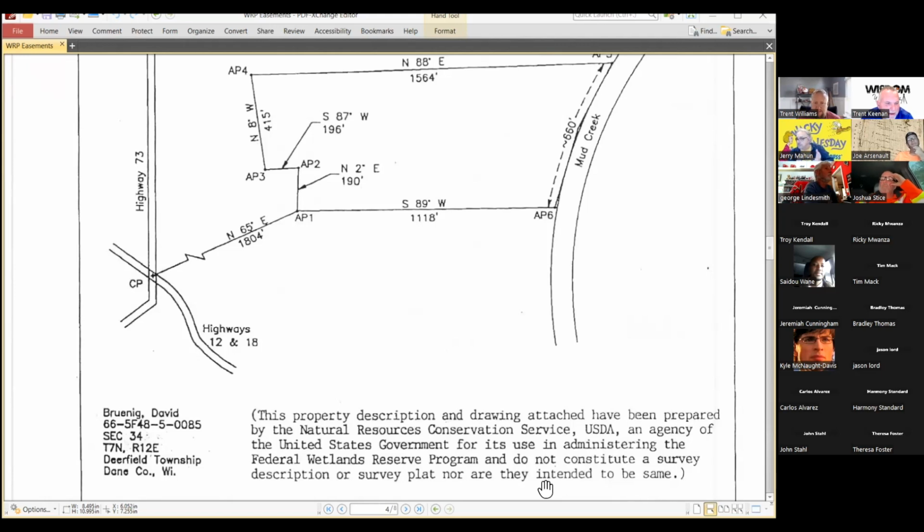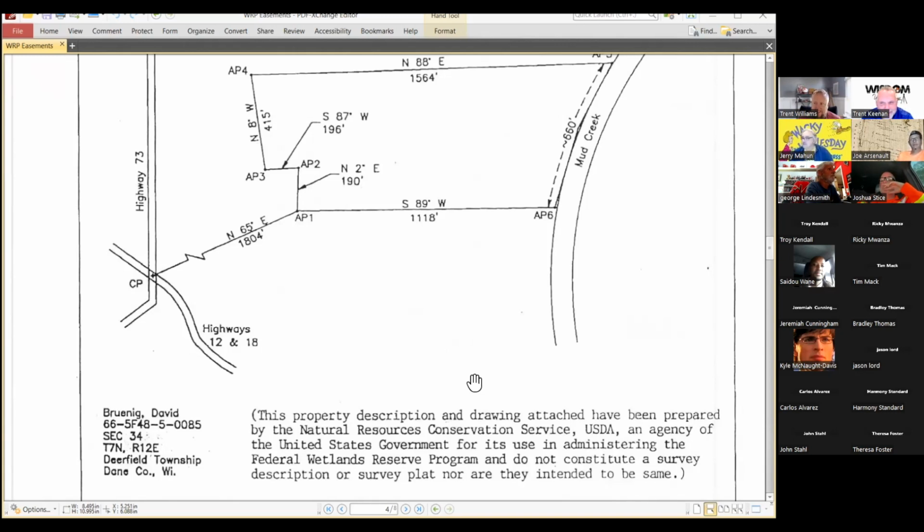The description says one thing, but in the map it says the description and the plat are not the description. Oh my gosh. We had long discussions with the USDA about this, and they basically told us to take a flying leap, because surveyors are too expensive, but they have all these Rockwell GPS receivers that they can send Joe Blow out with to generate these things.